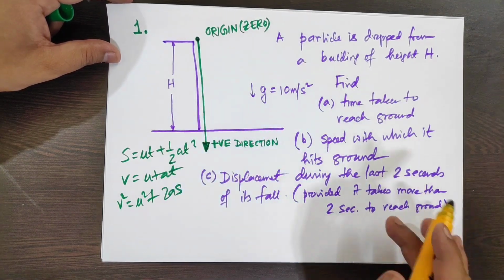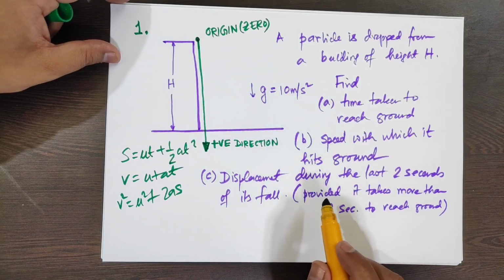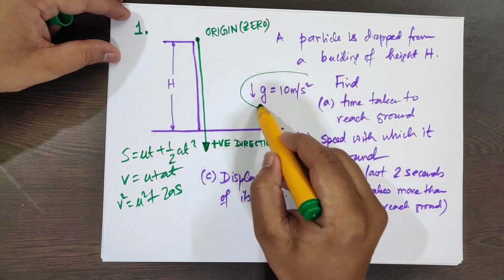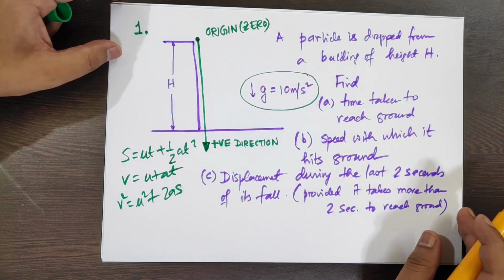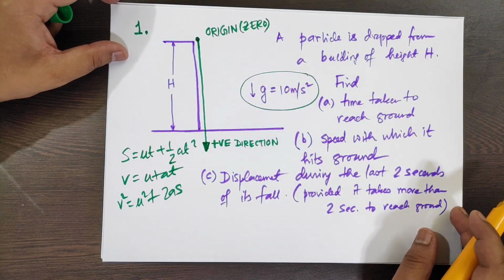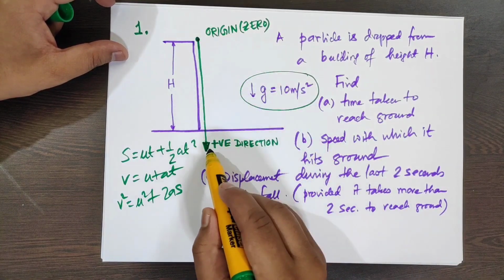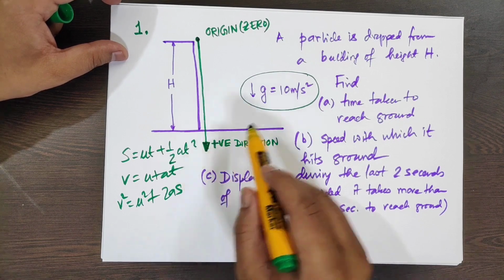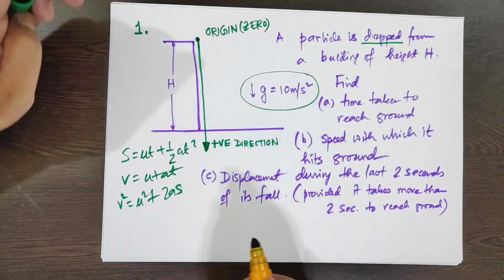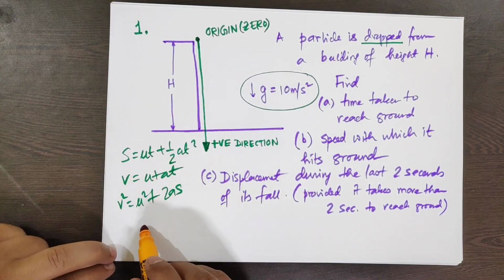Now with respect to this problem, acceleration due to gravity is g, which is 10 meter per second square, always downwards. Find time taken to reach ground. Here we have chosen the zero and the positive direction. Now the ball is dropped from the building, so the meaning of dropped is that the initial velocity is 0.